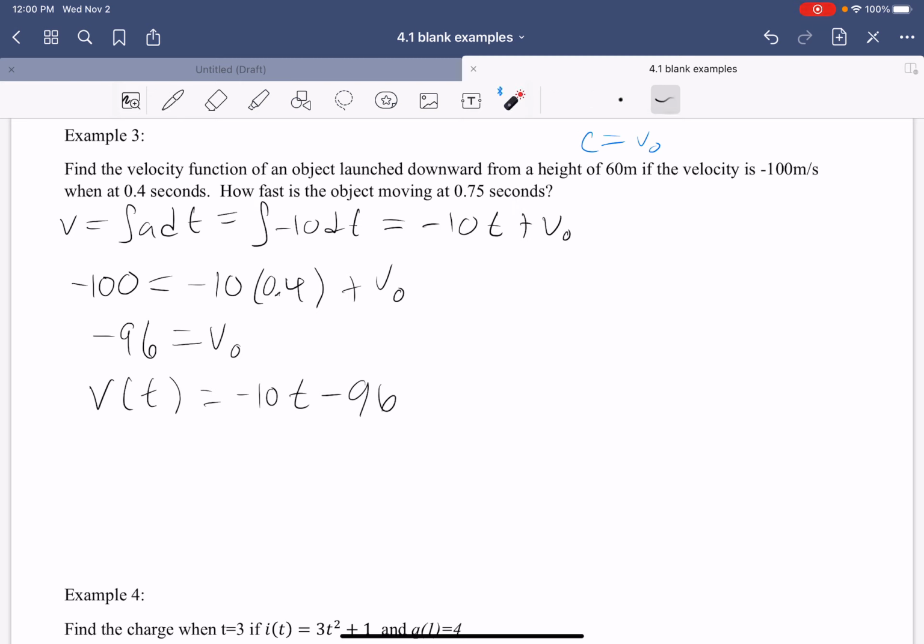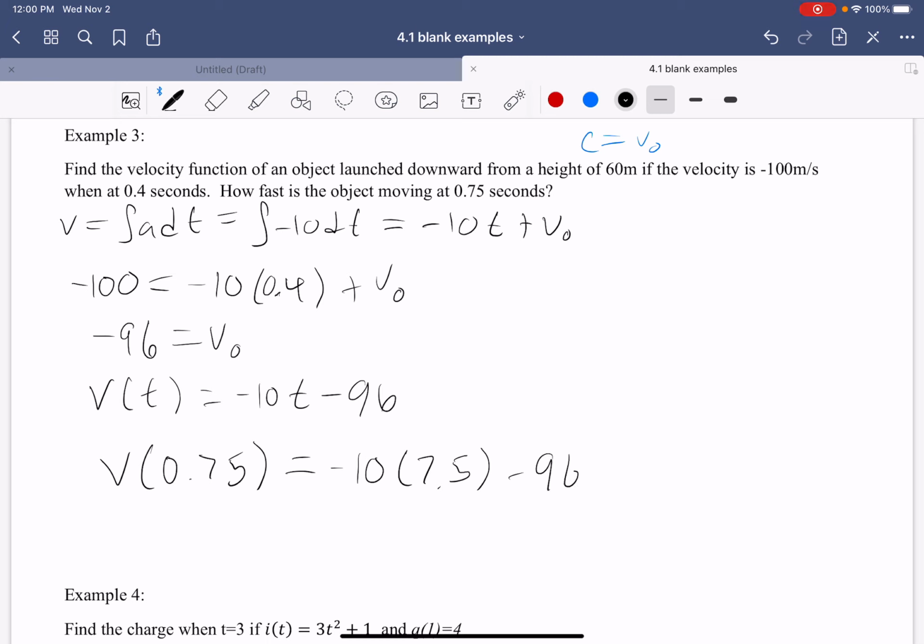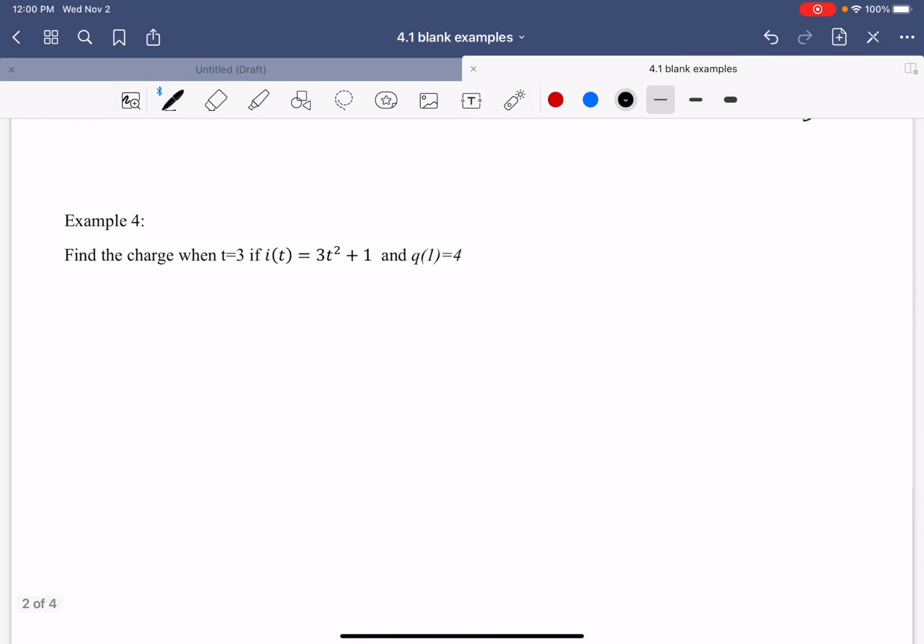Then it asks us to determine velocity when t is 0.75. So we evaluate the velocity function at 0.75 seconds, which is negative 103.5 meters per second.